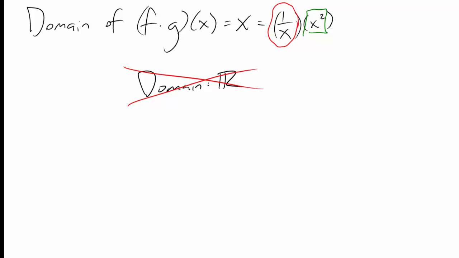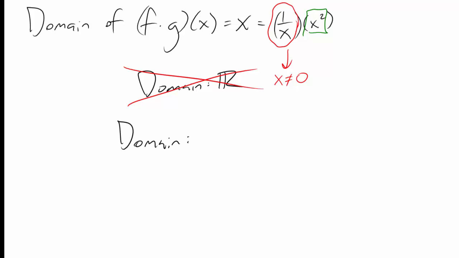And so we have to address the restrictions that that would pose to us, meaning that 1 over x is a division problem, 1 divided by x, and x could then potentially cause us to do something illegal, like dividing by 0, which we are not allowed to do. So x is not able to be equal to 0, which we have to specify because of that 1 over x. Again, we have to restrict our domain to be everything but 0.